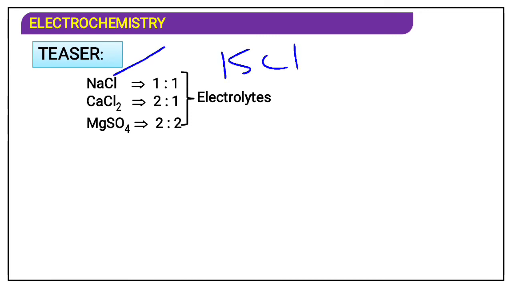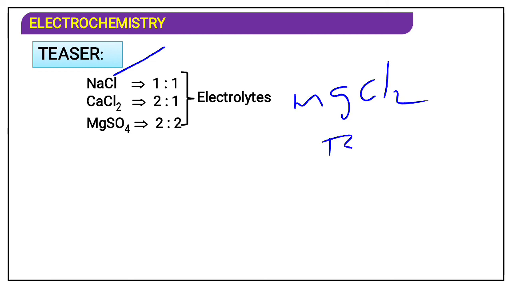NaCl and KCl are of 1:1 type: the cation ratio is 1 and the anion ratio is 1. Then the A value is constant for NaCl and KCl. For CaCl2, MgCl2, BaCl2, such types of electrolytic solution, the A value is constant; that is called 2:1.